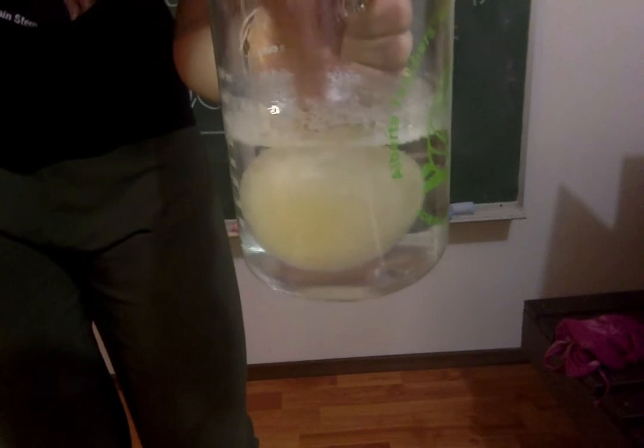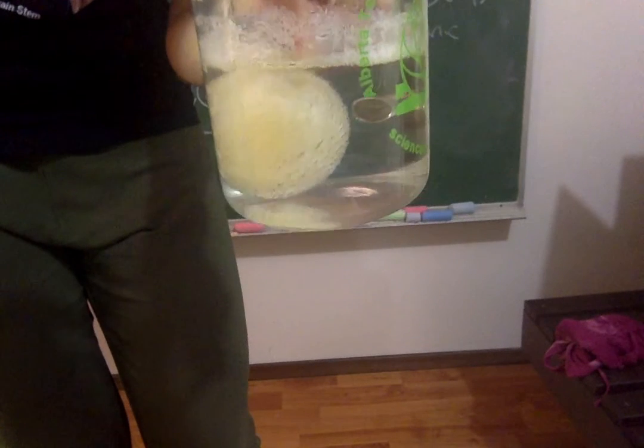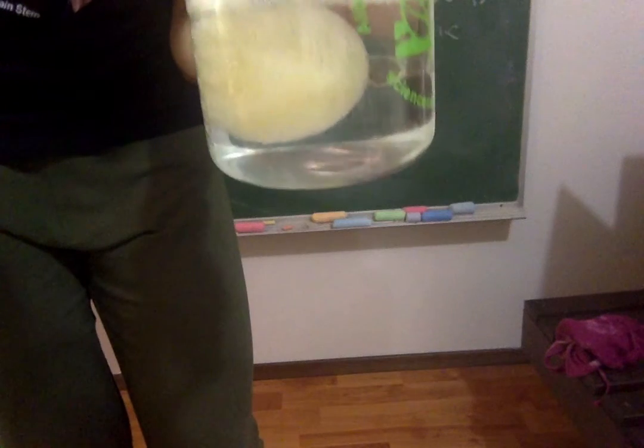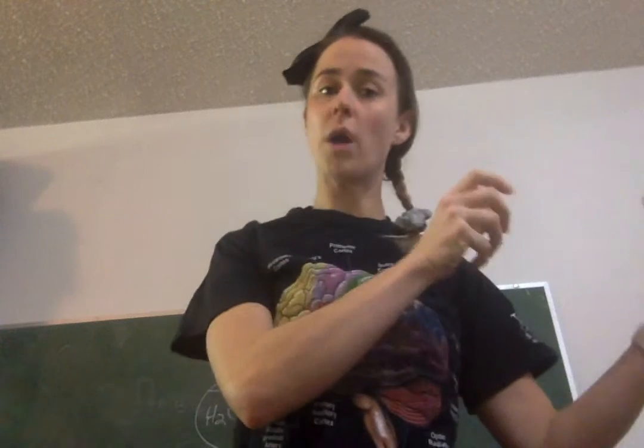If I were to scrape the bubbles off, I'm going to feel that there's no membrane left. No shell left. So we can say that all of the calcium carbonate has been broken down into calcium acetate and carbonic acid. The carbonic acid has turned all the way into carbon dioxide and water.